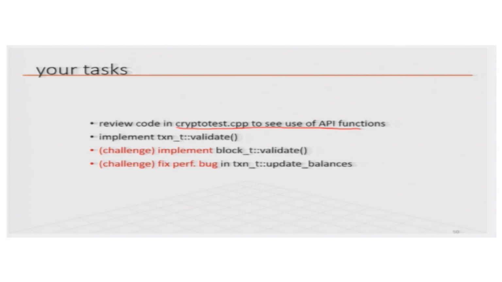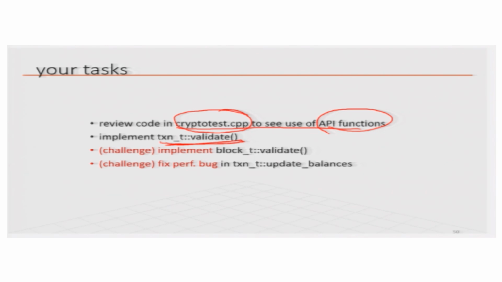because we will need you to get some of the libraries that do not usually come with the Linux distribution, and those libraries work only with the latest Ubuntu. Then you look at the code in this file crypto-test.cpp to see the various API functions from these libraries that you have to use, for example, for generating keys and for hashing SHA-256 and so on. And then you have to implement this validate function, right.